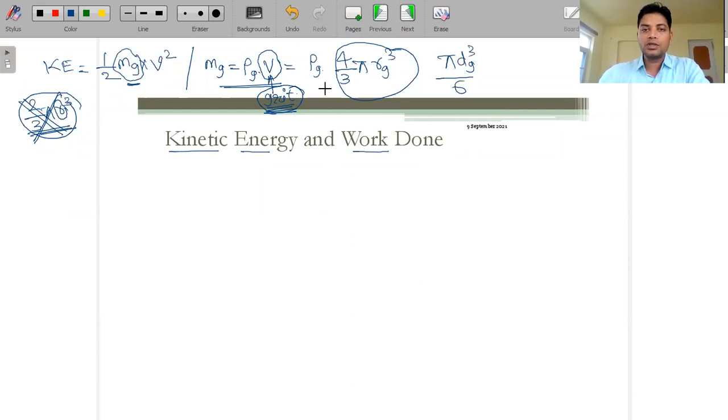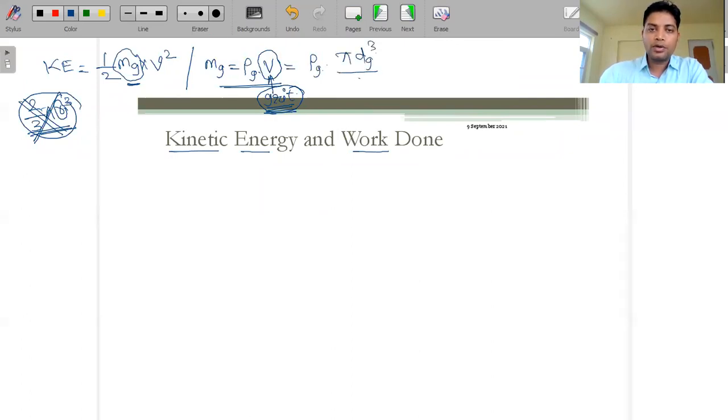I'm just writing it directly, guys. So this is the mass: pi into rho g into dg cube upon 6. I'm just putting this value over here.